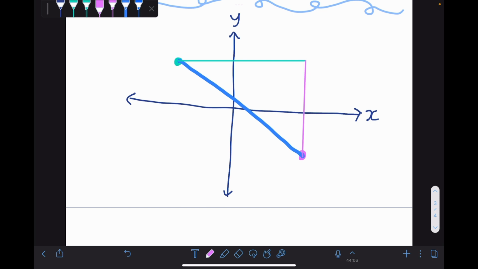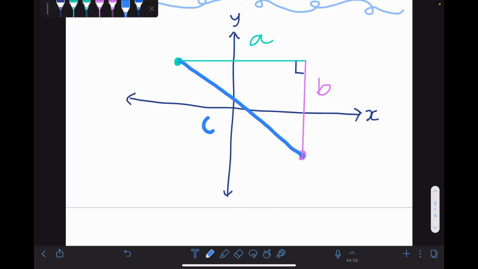Ta-da! So, you guys should have seen Pythagoras before. We got a triangle. We can label this. This is A. This side is B. And our C here is C.